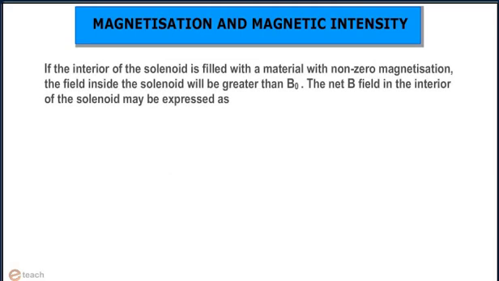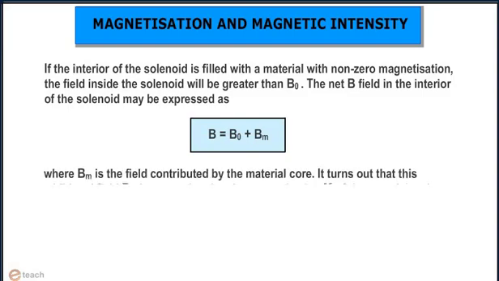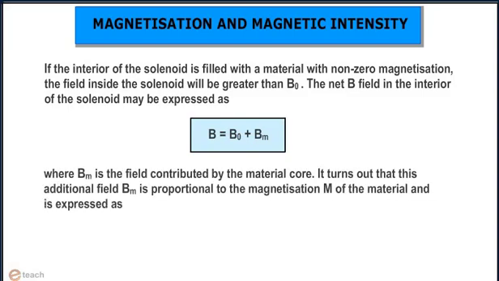If the interior of the solenoid is filled with a material with non-zero magnetization, the magnetic field inside the solenoid will be greater than B naught. The net field in the interior of the solenoid may be expressed as B equals B naught plus Bm, where Bm is the field contributed by the material core.